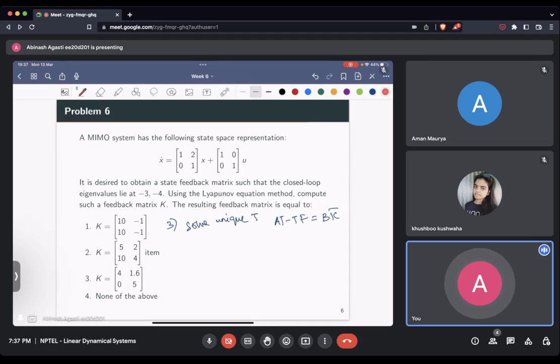So we have to solve for T. I'll write A as 1 2 0 1, T as t1 t2 t3 t4, minus t1 t2 t3 t4 times F, which is -3 0 0 -4, equal to B times identity, since we took K bar as identity. So find unique values for T1, T2, T3, T4.